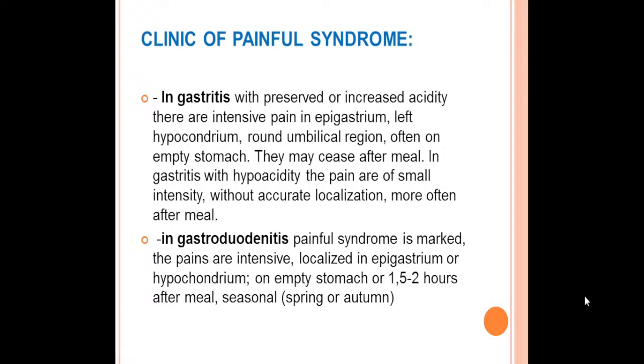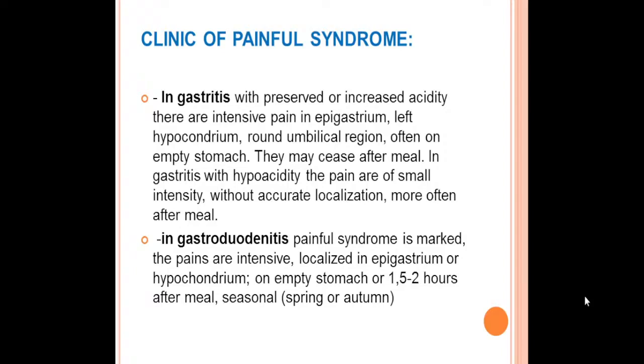What time after a meal? In gastritis with hypoacidity, pain occurs after meals. The pains are of small intensity without accurate localization, more often after a meal. With hyperacidity, it is early pain after a meal. With hypoacidity, it may be later pain, more than 1 hour after. In gastroduodenitis, the painful syndrome is marked.